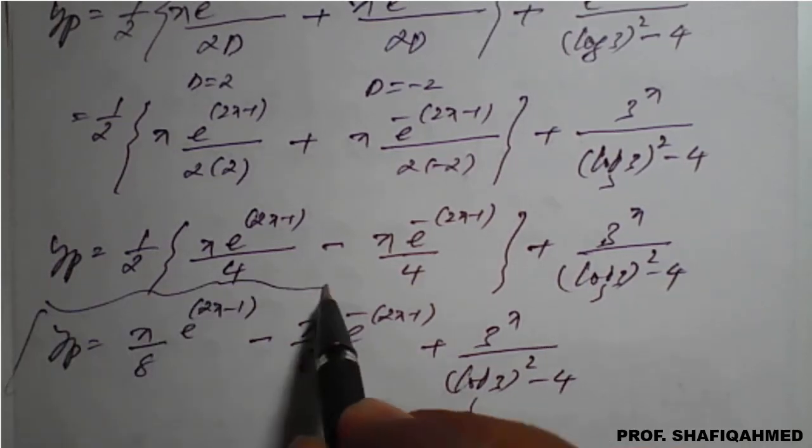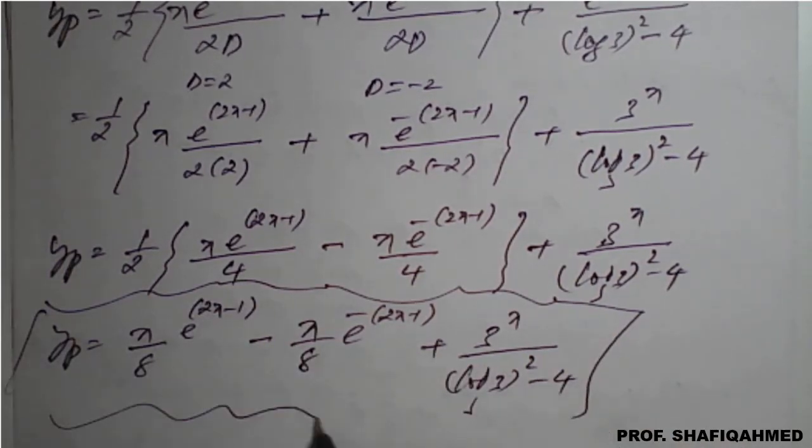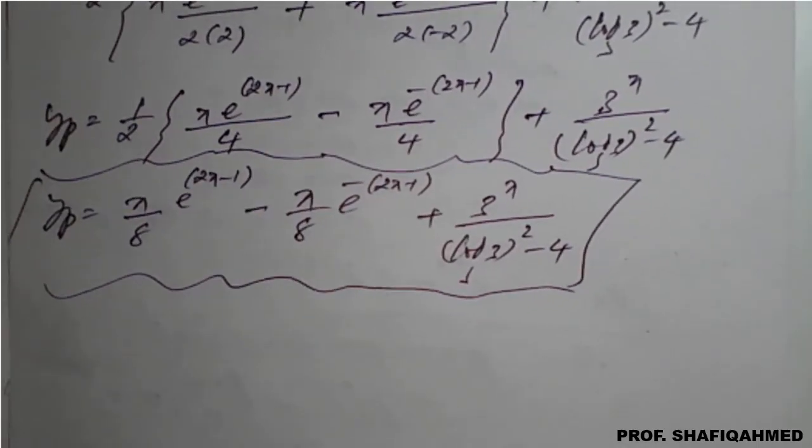So this is the required yp of the given phi of x divided by f of t.